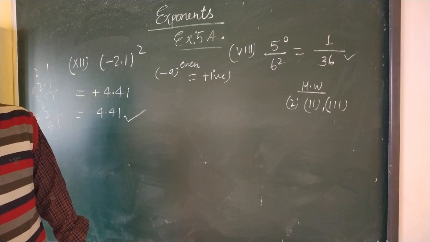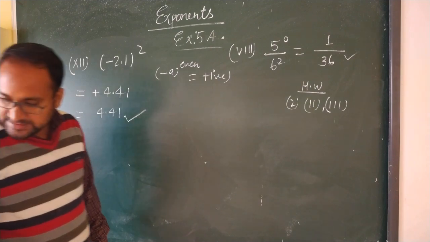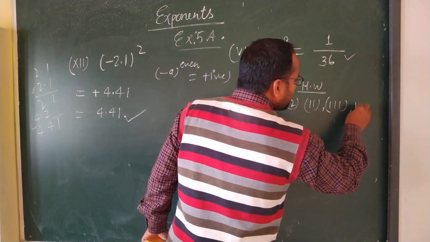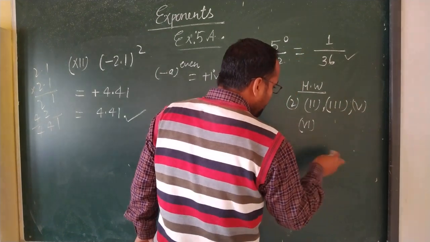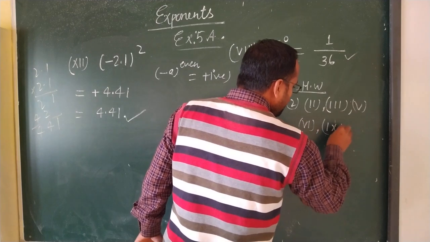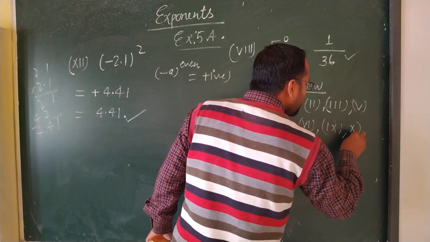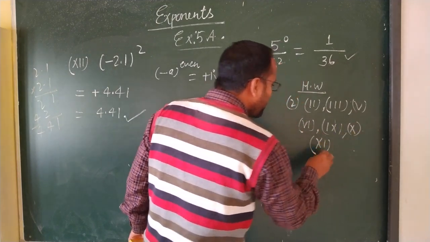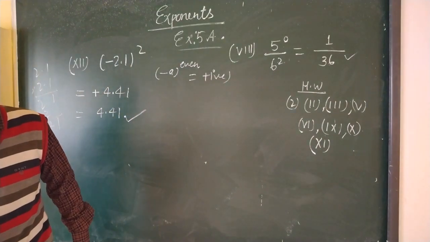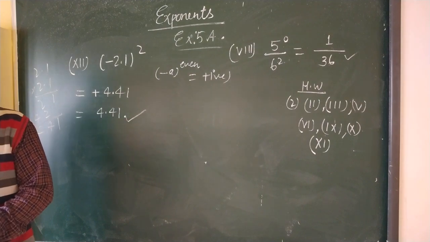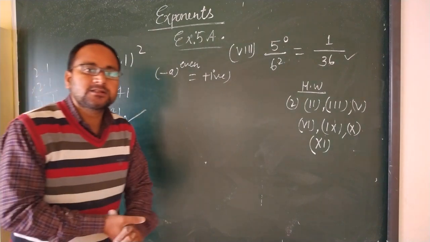Fifth, sixth one, 7, 8 I have done. 9, 10 and 11th one is your homework for this case. Okay, students. And question number 3 you also try on your own, third. Then fourth, fifth I will do in the next class, students.